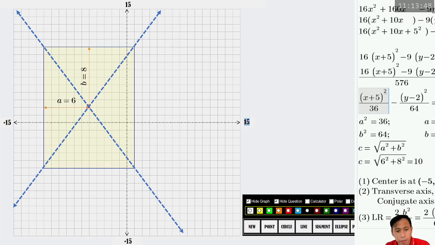Change ko na to. I'm gonna make this 20, year 5, no? Ito, 20. Tama na pala. No, gonna make this.